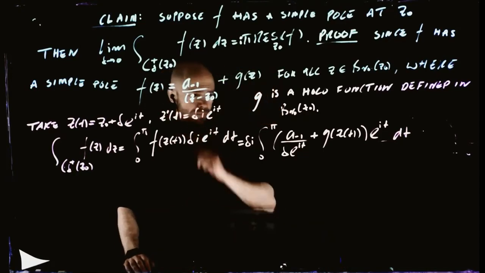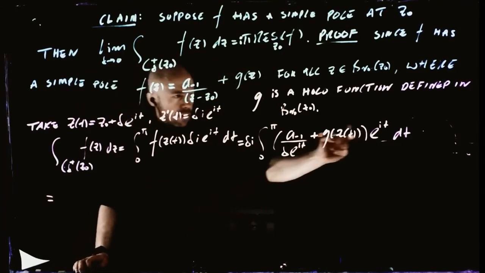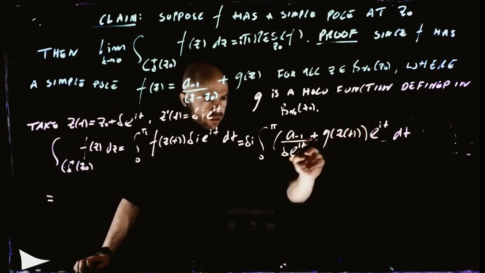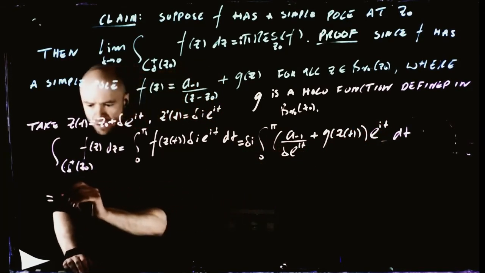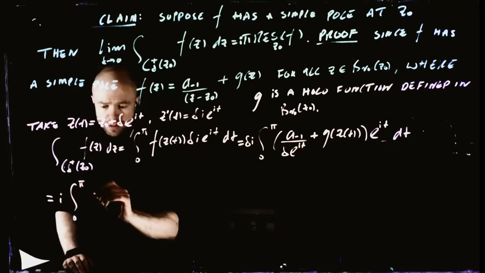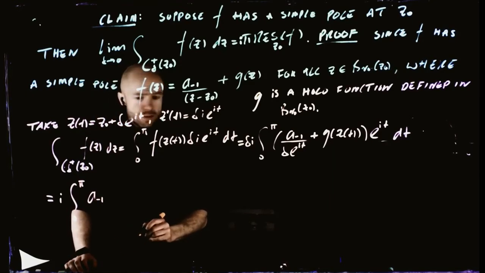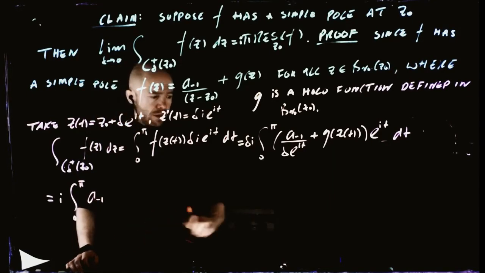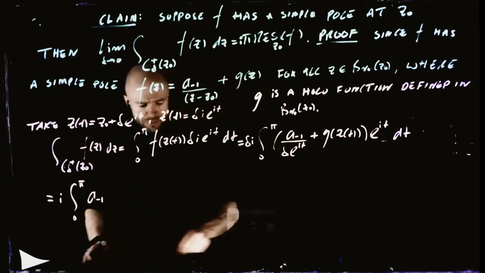Okay, so let's break that up. Let's pass this e to the it through, it's going to cancel with this, and this delta is also going to cancel with this. So we're going to have an i integral 0 to pi, and just a to the minus 1, and that is all we're going to have, right? So this cancels with this cancels with this, so that's all we have for this part.